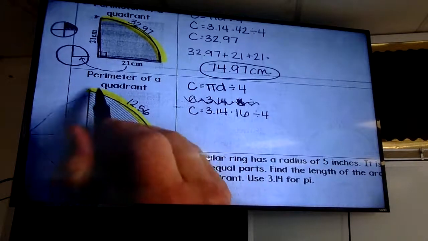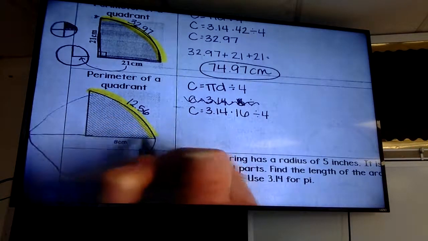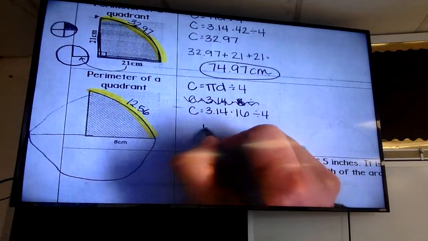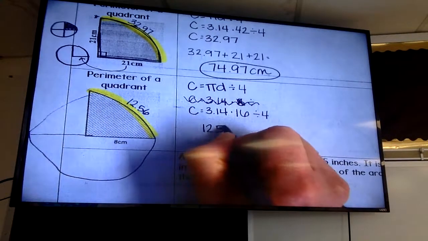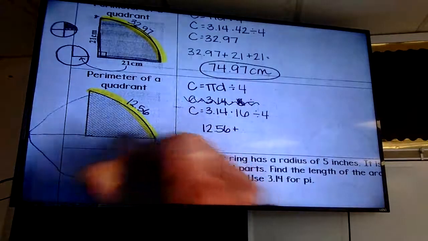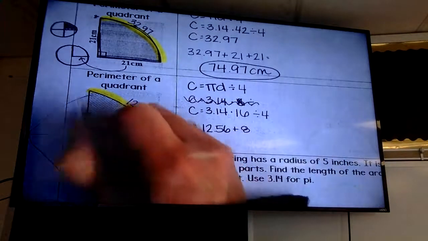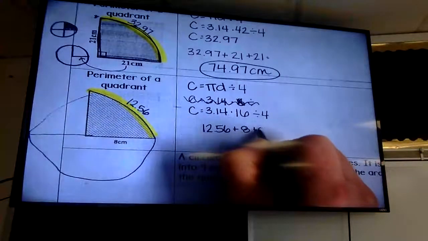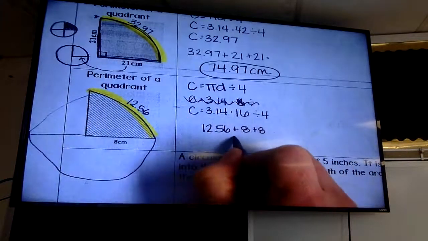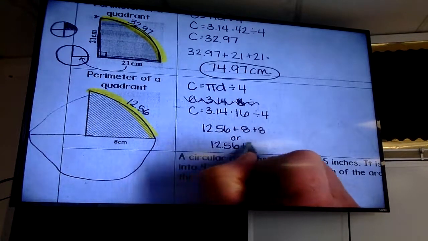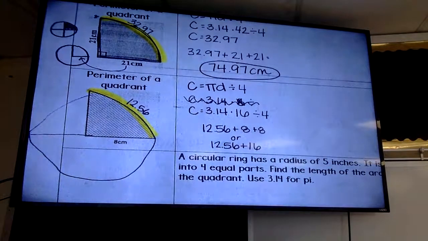Now I need to add my two flat sides together. And my two flat sides are the exact same measure. So I would say 12 and 56 hundredths plus this flat side, which is 8, plus this flat side, which is also 8. Or I could have said 12 and 56 hundredths plus the diameter, which is 16.